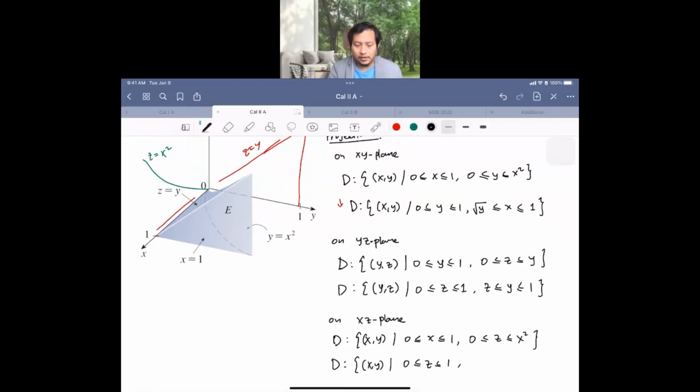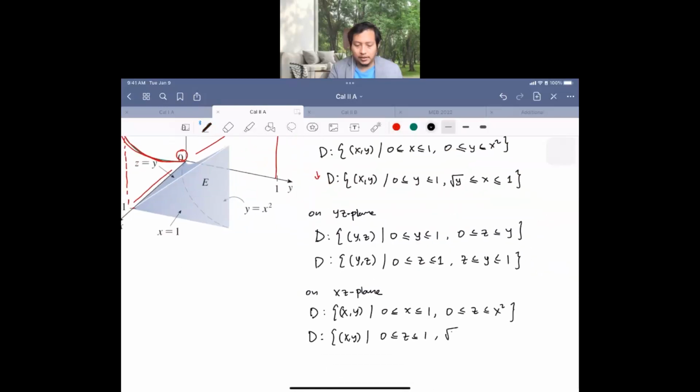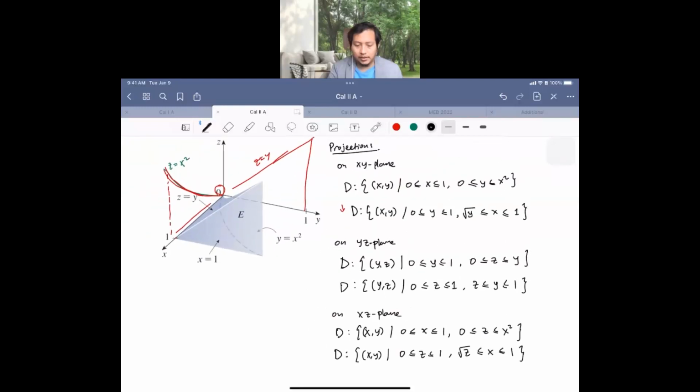And then for x, because 0 is here, we start from this line until this one here, right? So we could start from square root of z, so square root of z less than x, and then less than 1. Okay.